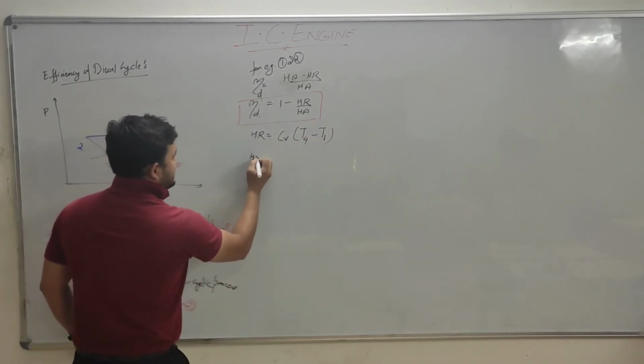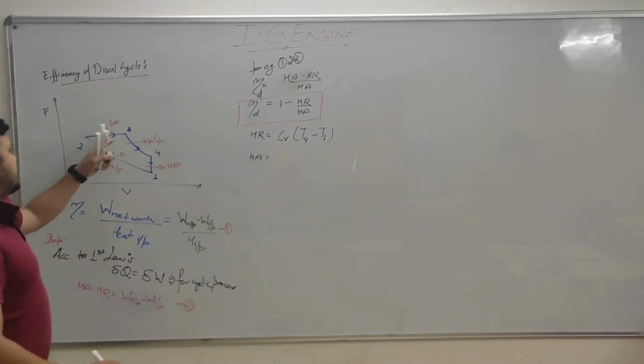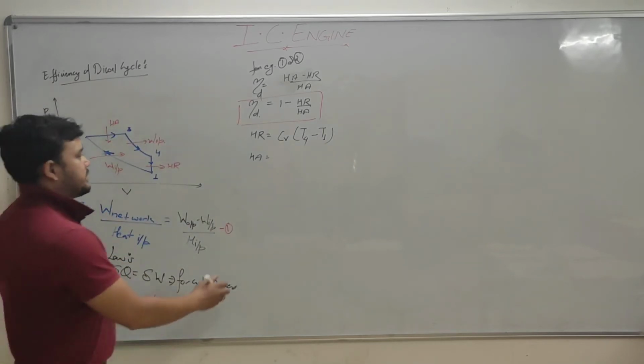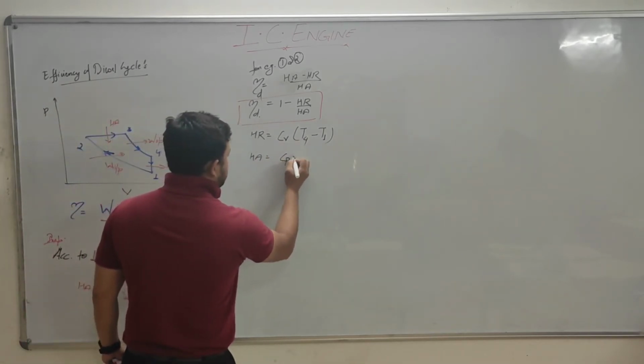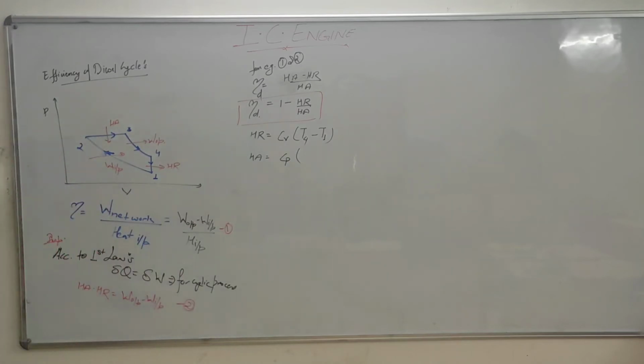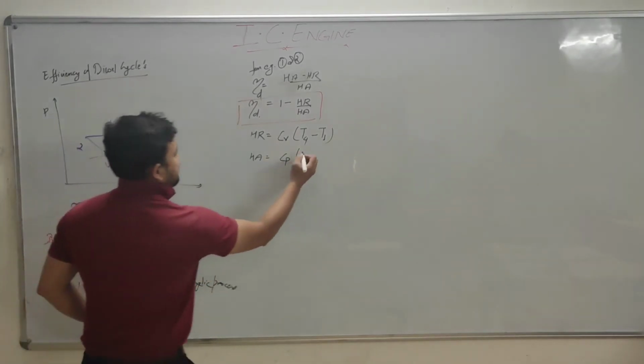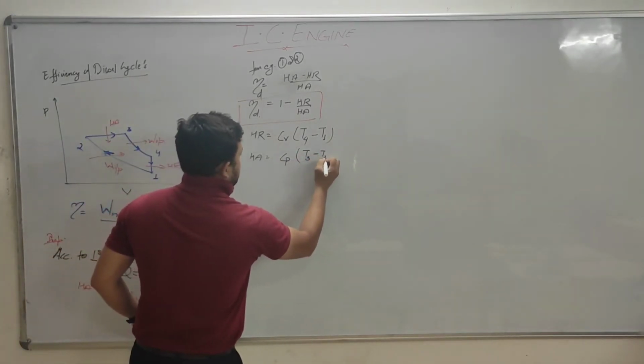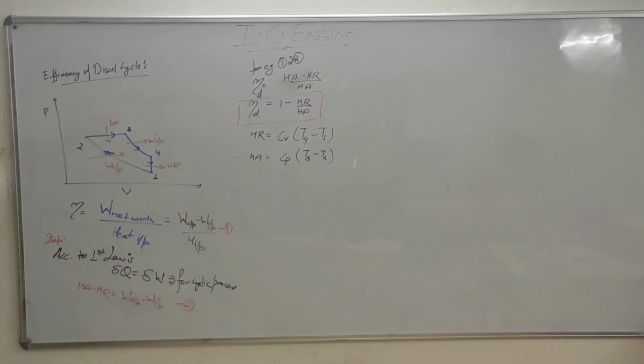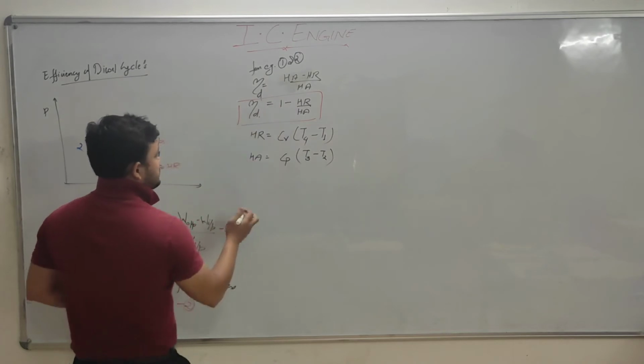And heat addition takes place at constant pressure, which is Cp dT, where Cp is the specific heat at constant pressure, so Cp times T3 minus T2.